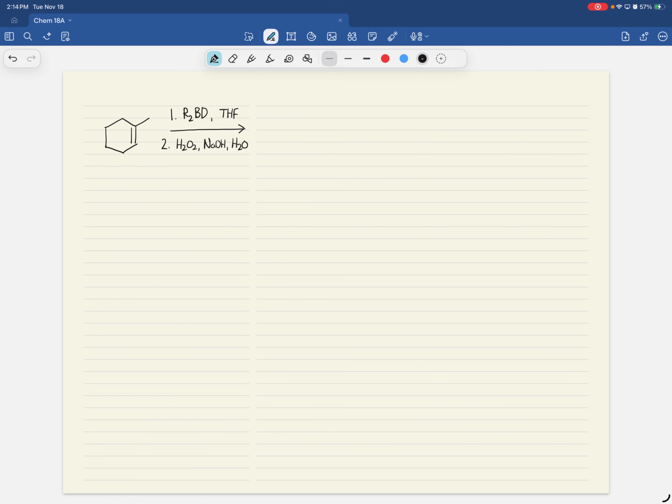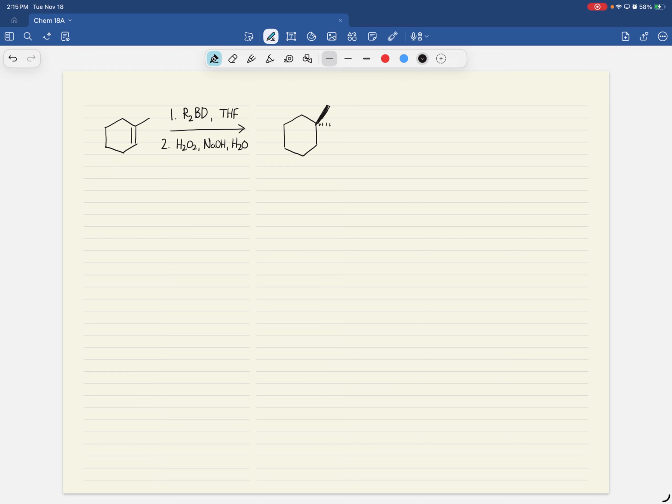All right, so very similar to the example we just did, but what's the only thing different? Instead of a hydrogen, what are we going to put instead? Yeah, just a deuterium atom. All right. So there's two ways you can draw this. Let's say we're going from the bottom half of the alkene. So I'm going to make this methyl group come up.